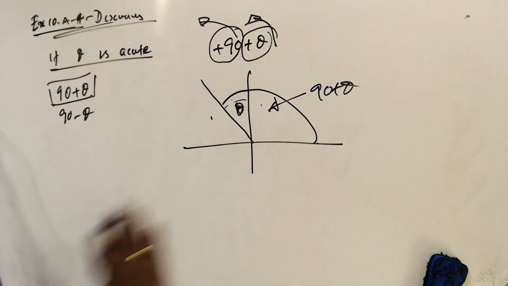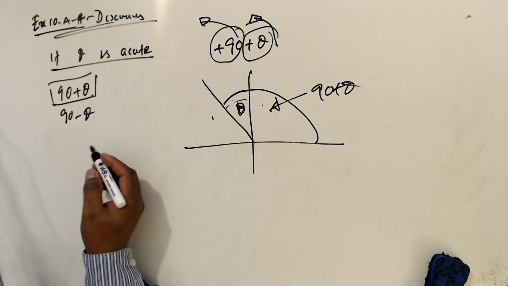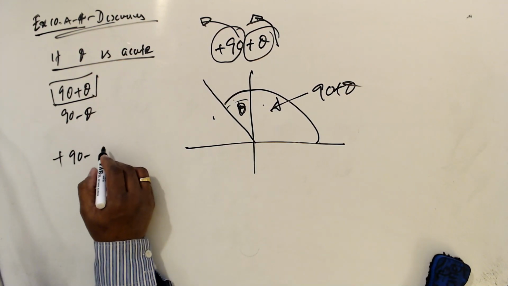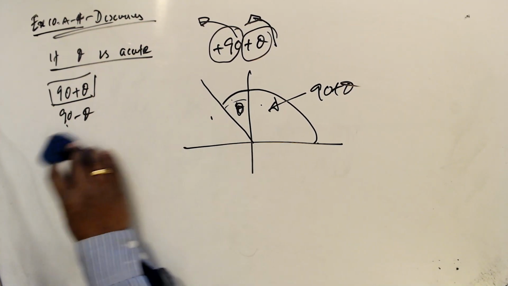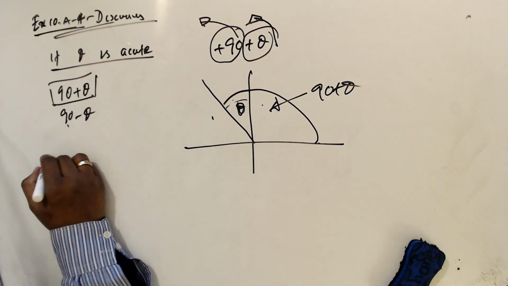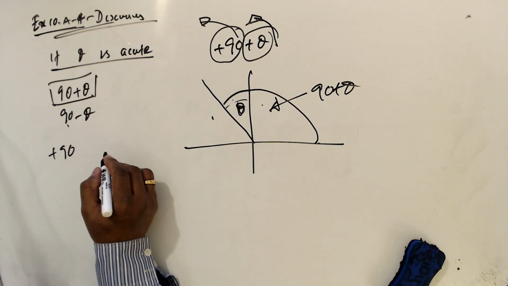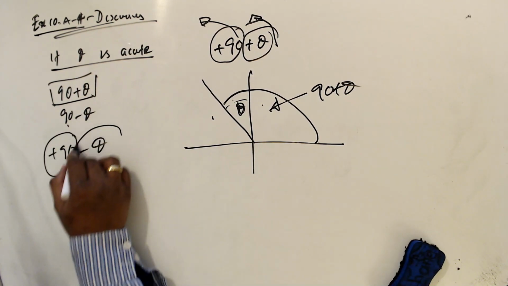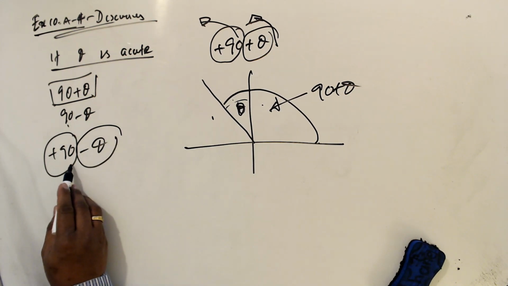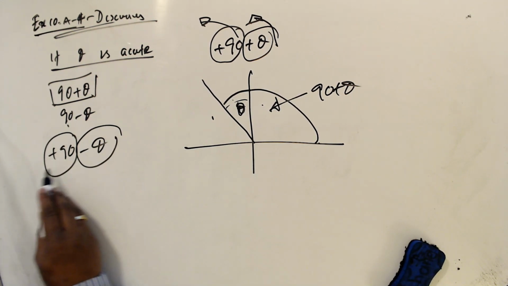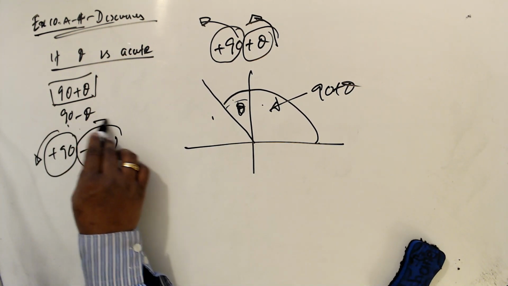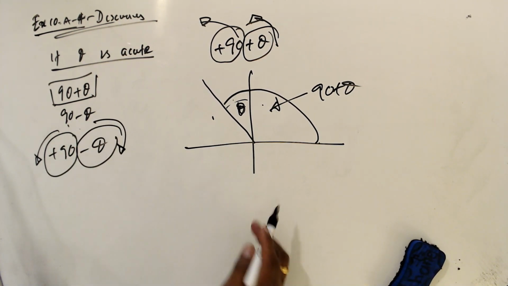How about 90 minus theta? It means plus 90 minus theta. So you can go plus 90 anti-clockwise and then theta clockwise.